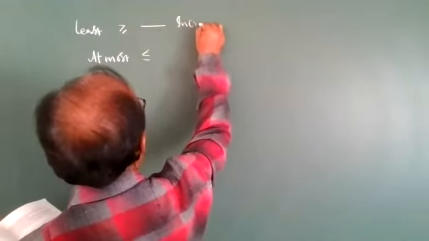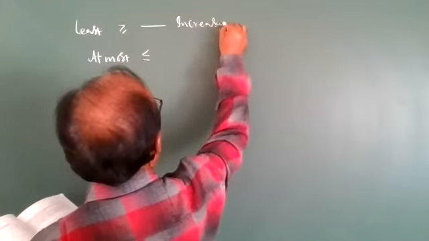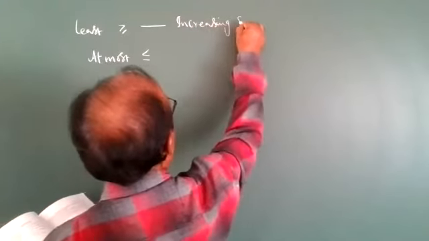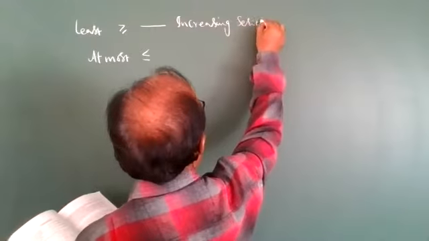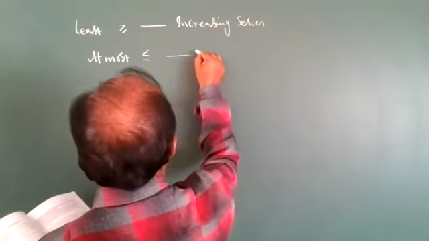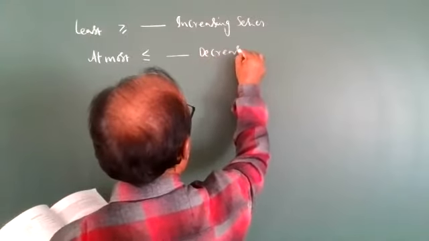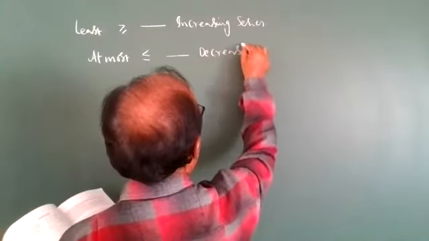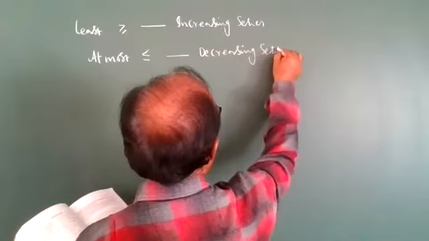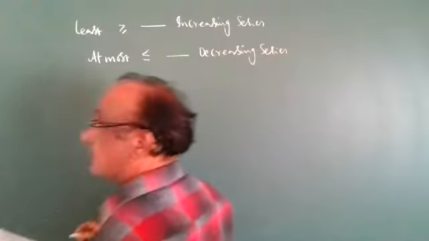You should remember this: at least means increasing series, at most means decreasing series.